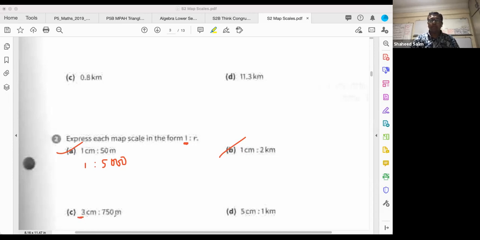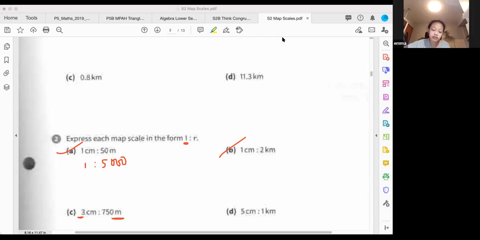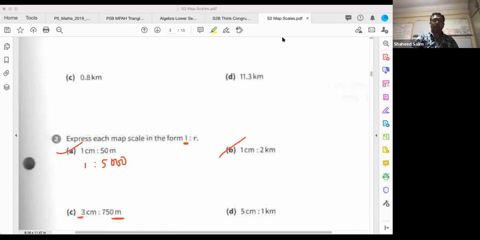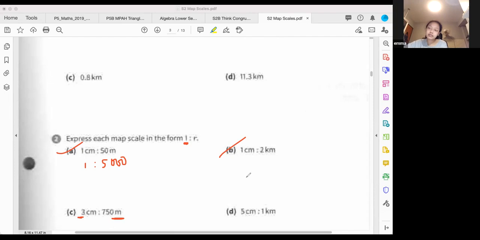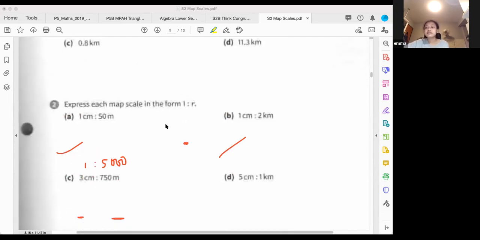But before that, you change this to cm first, and then you change it to 1. 25,000. Yes, you're right. It's easy, right?